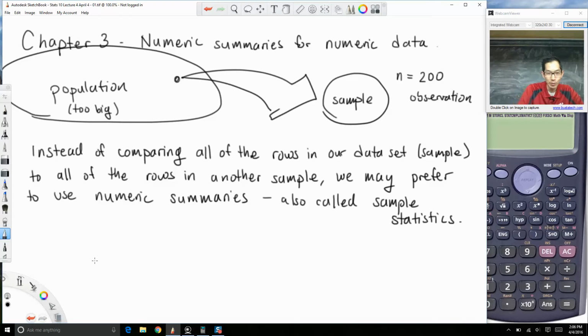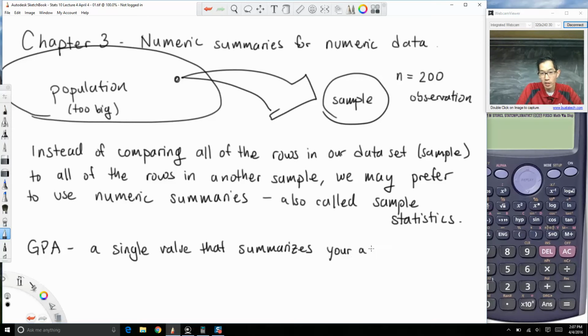So we are familiar with a numeric summary called the GPA. This is our grade point average. This is a single value that summarizes your academic performance.